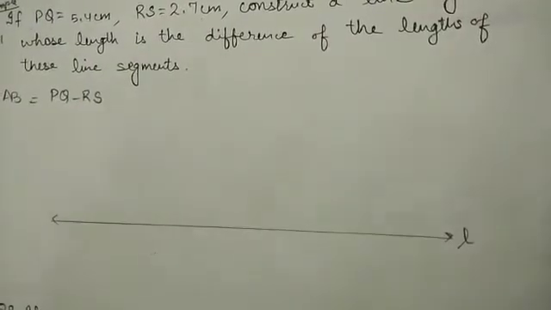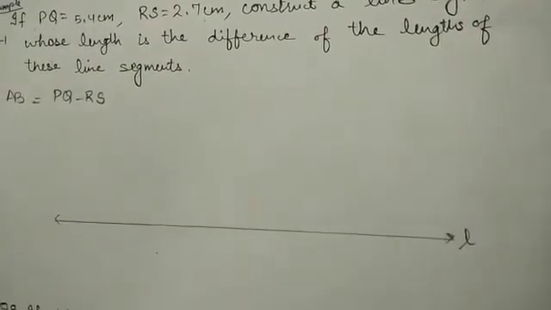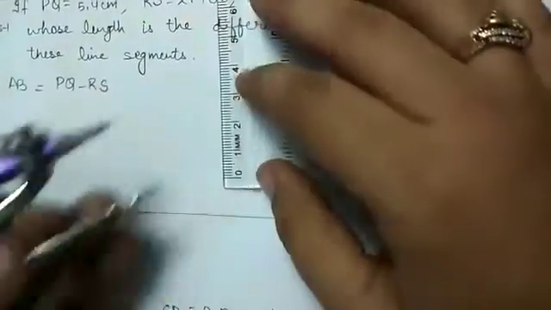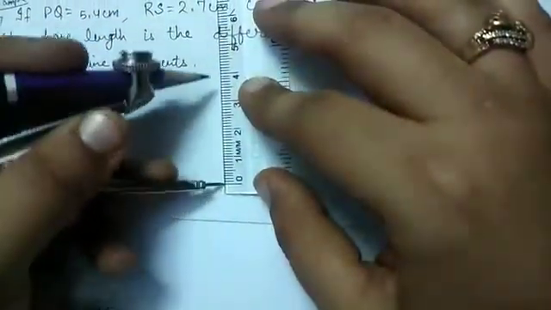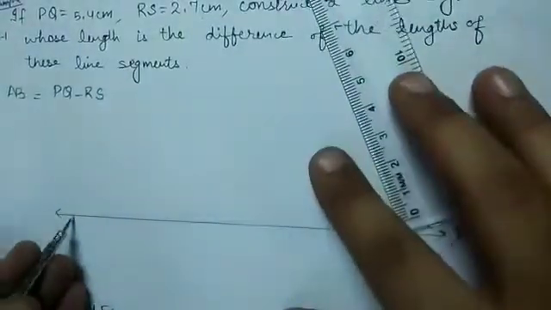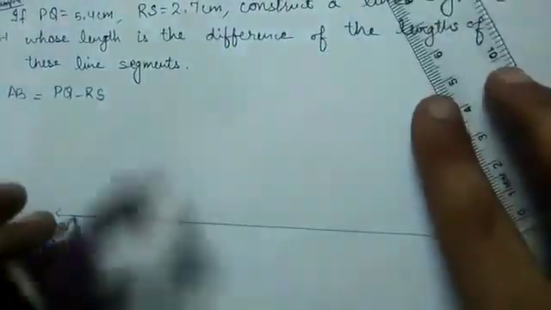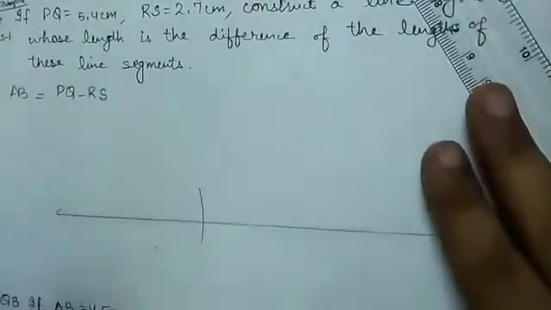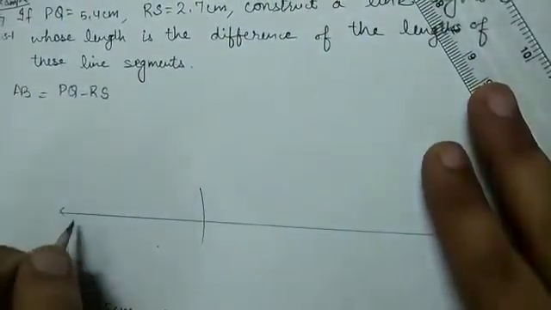Now as usual we will draw a long line and using our scale we will measure the length equal to 5.4 centimeter. Take a point on the line and mark an arc equal to 5.4 centimeter.